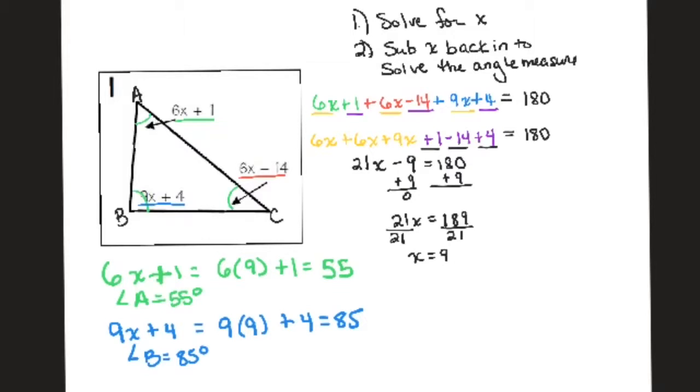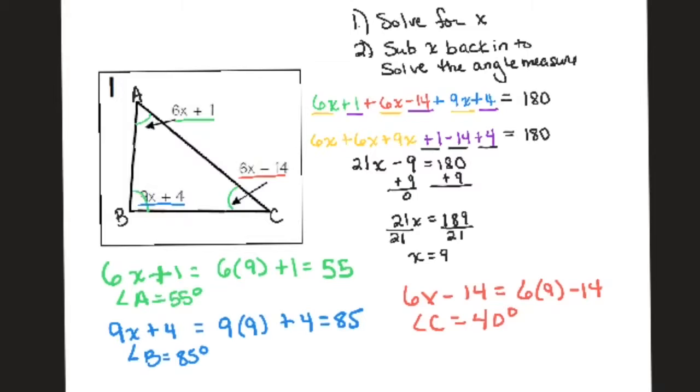Last but not least, the angle C, 6x minus 14 is equal to, well, 6 times x, 9, minus 14, and we said that before, 6 times 9 is 54, and if you subtract 14, you'll get 40. 54 minus 14 is 40, so the measure of angle C is 40 degrees.